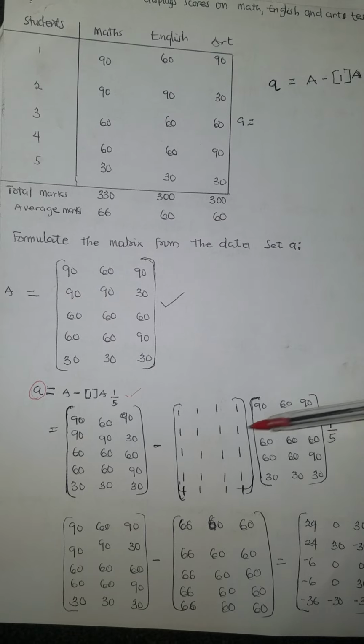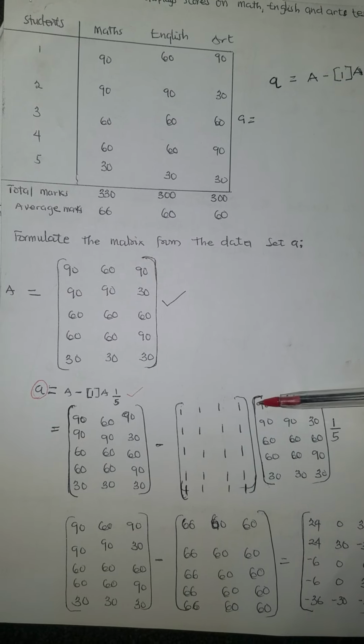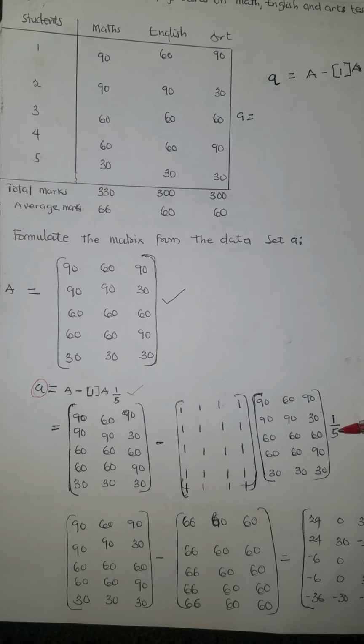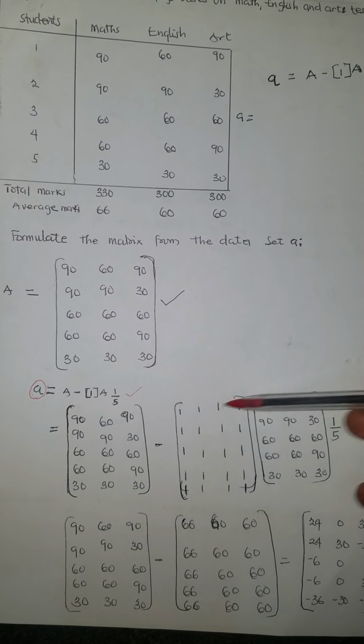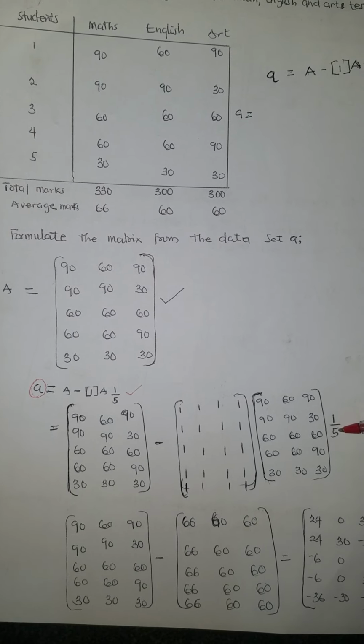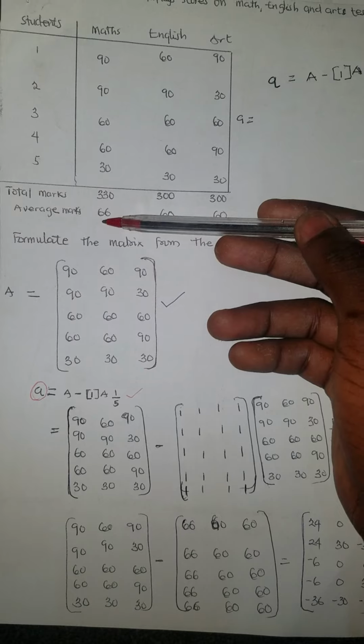You realize that if you multiply this unitary matrix by this, sum, and divide it by the 5, you still get the same thing here.